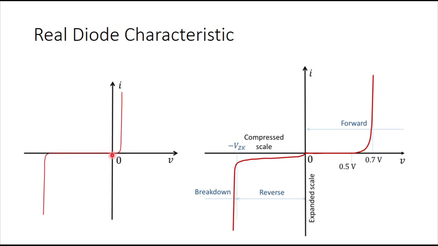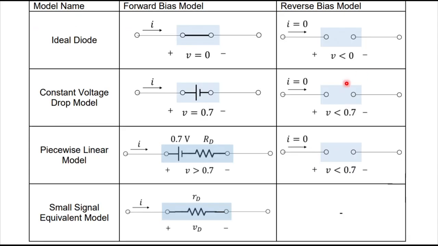this zero current here. You may then say, well, this is not really a straight line, is it? Even though it looks like a straight line, if you expand it and see, there is a small resistance here. There is a small slope here. It's not entirely vertical. There's a small divergence from the vertical direction. So we can model this divergence as a resistance, and therefore we get the model here, the piecewise linear model. Okay, so in this model, the diode is going to be on again when V is greater than 0.7.